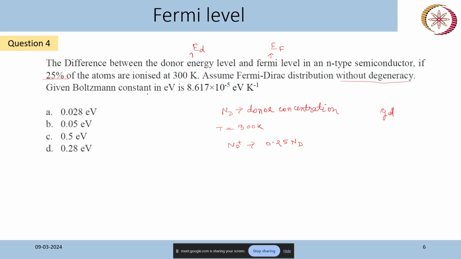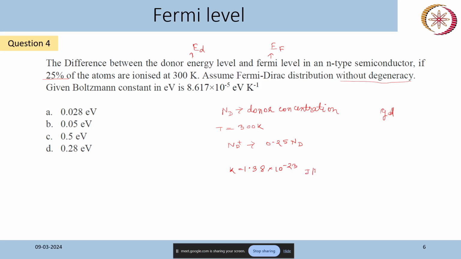The Boltzmann constant in eV is given as 8.617 times 10 to the power minus 5 electron volt per Kelvin. In joule per Kelvin, the Boltzmann constant K is 1.38 times 10 to the power minus 23.